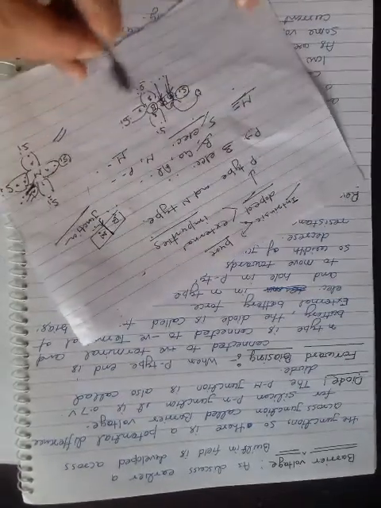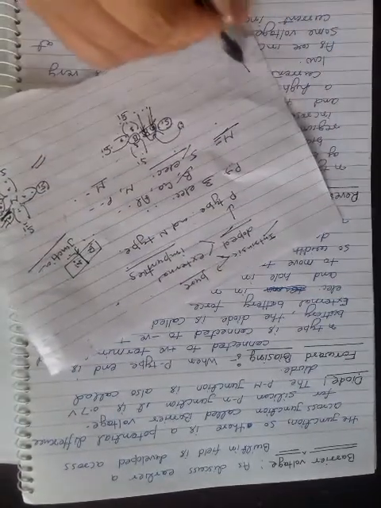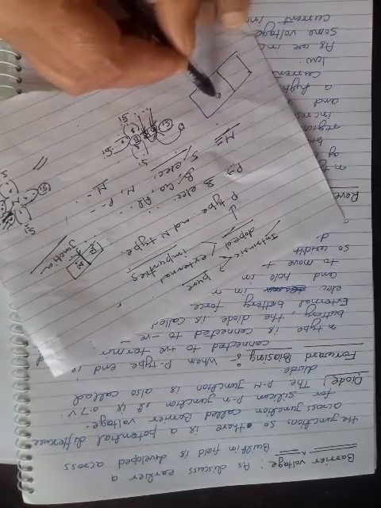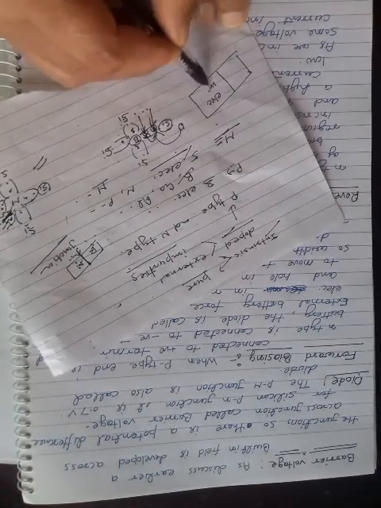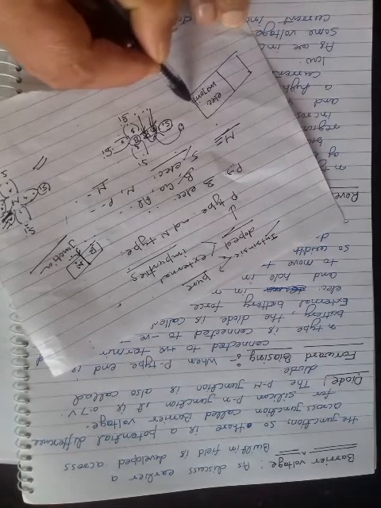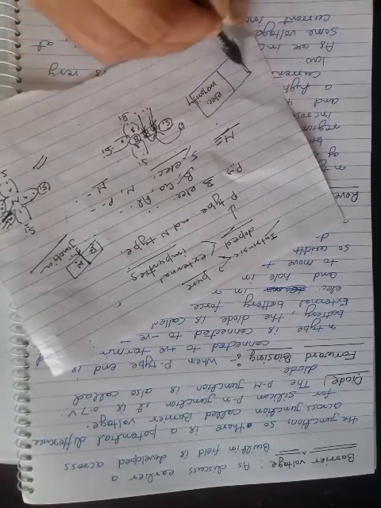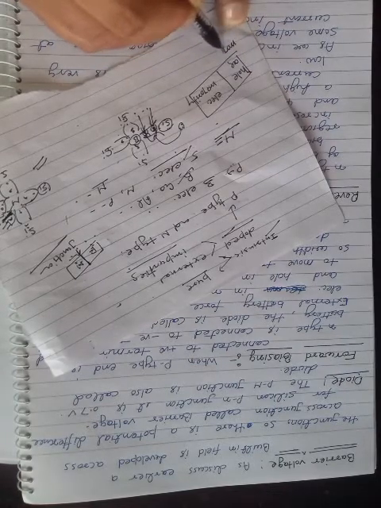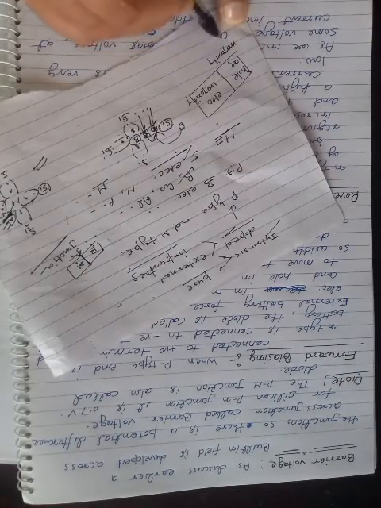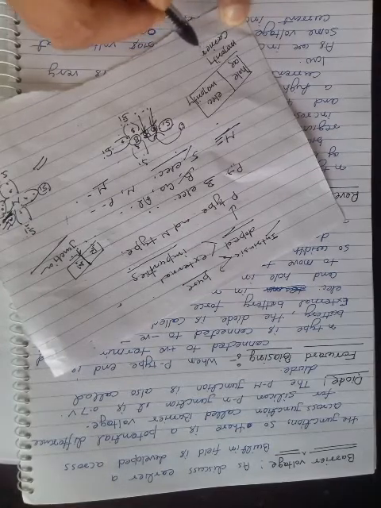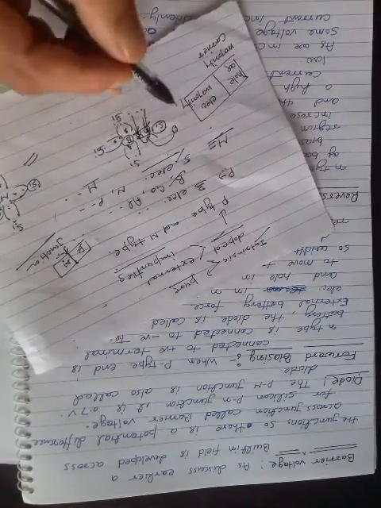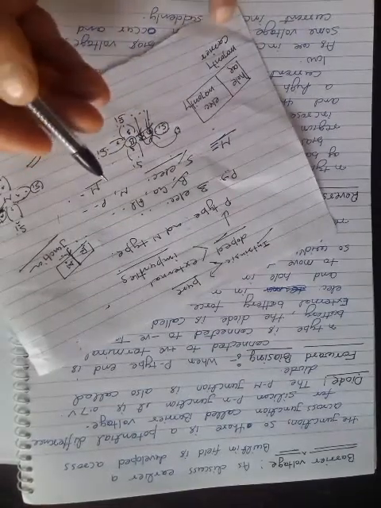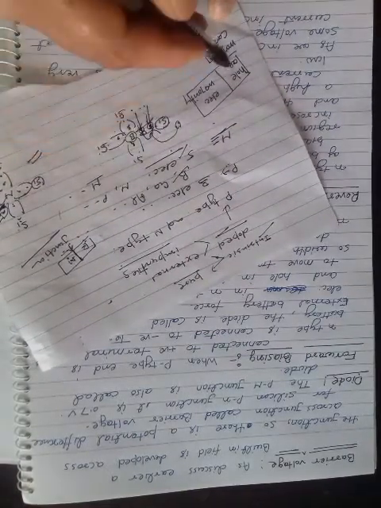What happens in a PN junction? As we know, in n-type there are electrons as majority carriers, and in p-type there are holes as majority carriers. As we know from the diffusion process, things move from higher concentration to lower concentration.